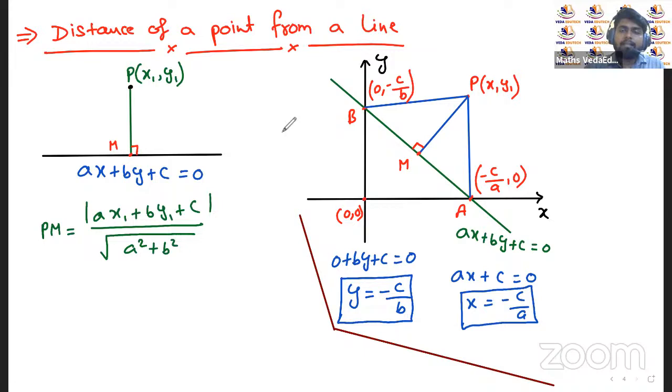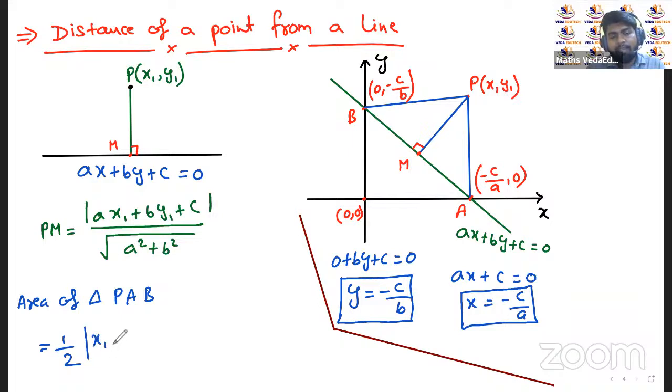Area of triangle PAB is nothing but half into modulus of, we have 3 points: the first is x1 comma y1, the second is 0 comma minus c by b, the third is minus of c by a comma 0. So half into x1 times 0 minus of minus c by b, that will give you c by b.